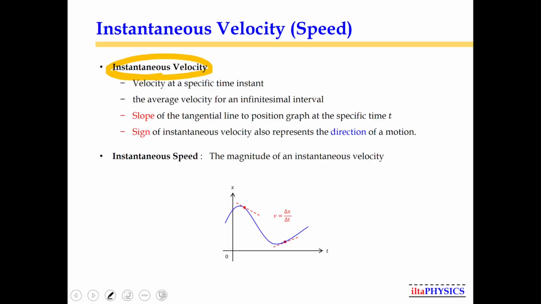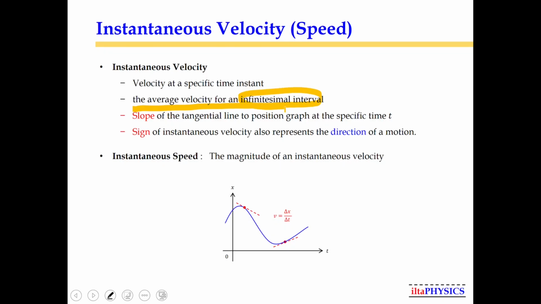Instantaneous velocity is defined as the velocity of a moving object at a particular instant of time. If we think about a position graph like the one below, as we said earlier, the slope of the position graph shows the velocity. In the case of motion where the position changes smoothly with time, we can think of this as the average velocity over an extremely small time interval, which we call the instantaneous rate of change.